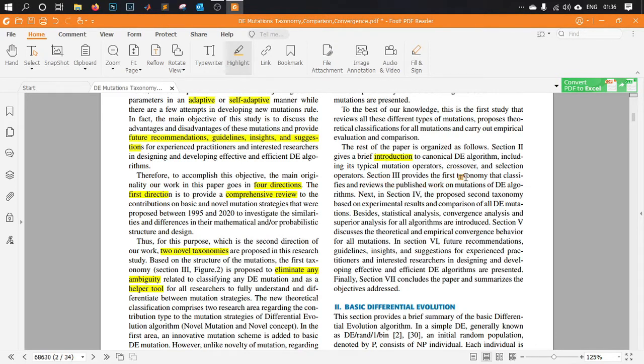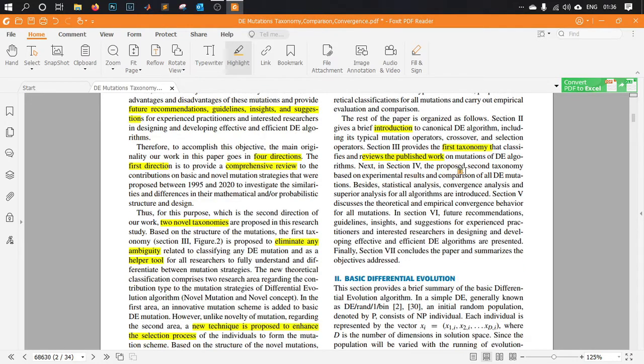Section 3 gives the first taxonomy, which reviews the published work, and section 4 proposes the second taxonomy, and it gives the experiment and statistical analysis, convergence analysis, and all that they have mentioned.